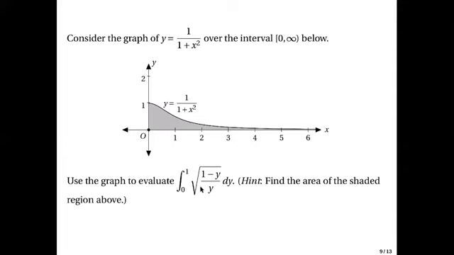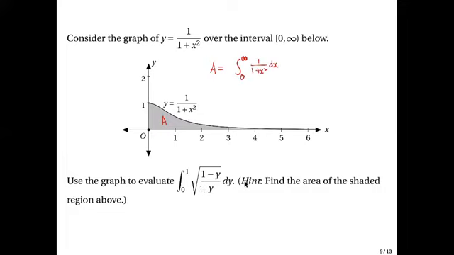So, in here, you have your integral from 0 to plus infinity. The area of the region, so if we let this be A, is equal to the integral from 0 to plus infinity of 1 over 1 plus x squared dx. Okay?